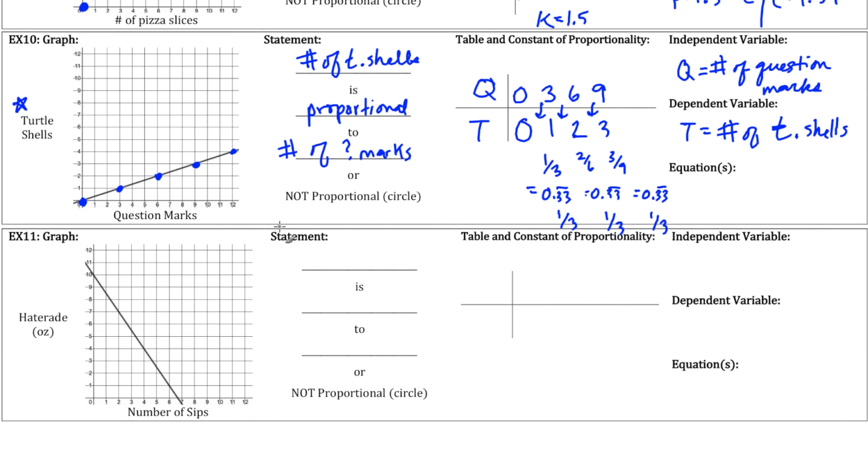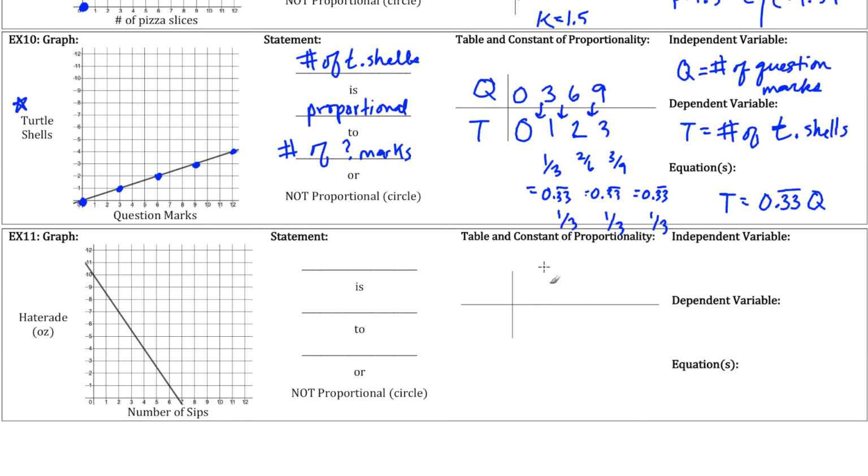Okay, and I'm just going to write the equation that I care about. So in order to get t, all I have to do is multiply 0.33. I'm going to put the fraction. Now that might confuse some of the people who just look at the notes. So 0.33 times q.